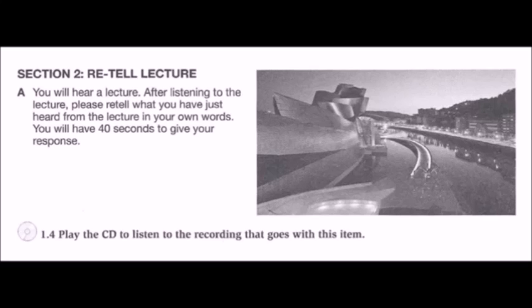Architecture as art, if you like. Or sculpture even. He himself said that he had struggled with crossing the line between architecture and sculpture. Now, I want to talk about one building in particular, the Guggenheim Museum in Bilbao, which I think you'll agree is a masterpiece.